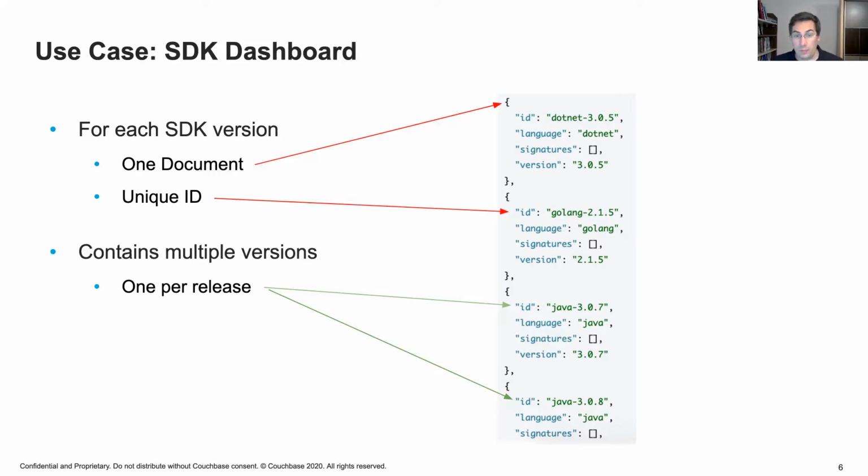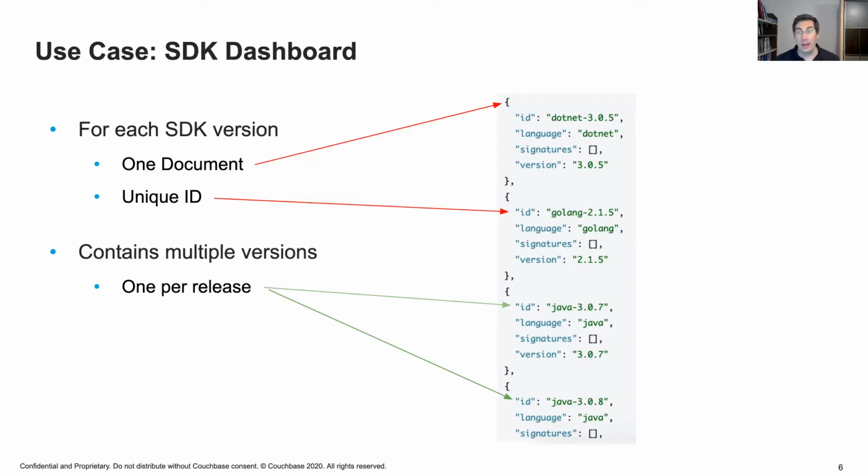So for each SDK version, we have one document that has a unique ID. And the way I decided to model it is that the document ID is unique with a pair of version and language. So the document for .NET version 3.05 has a document ID of .NET-3.0.5.